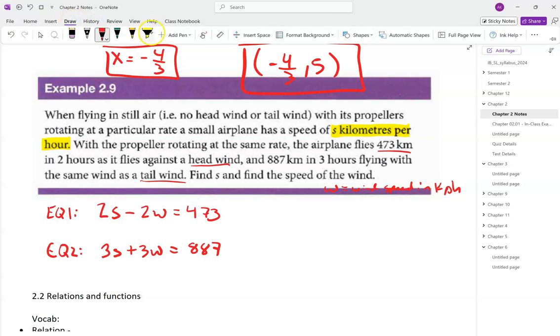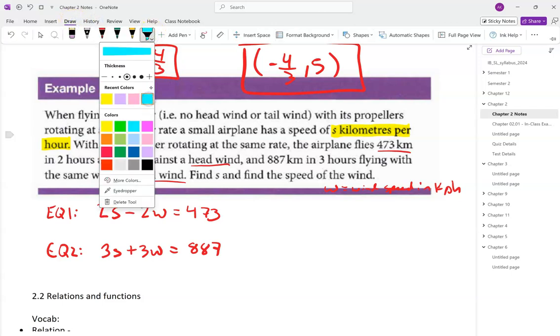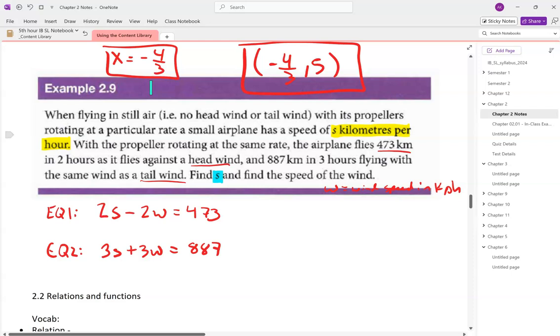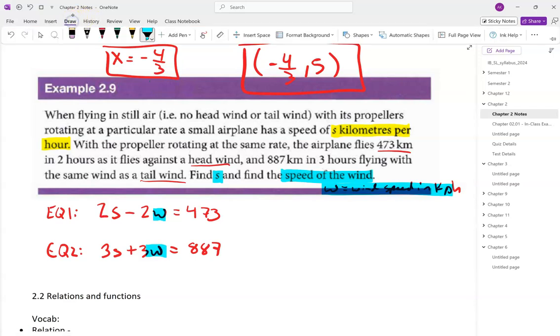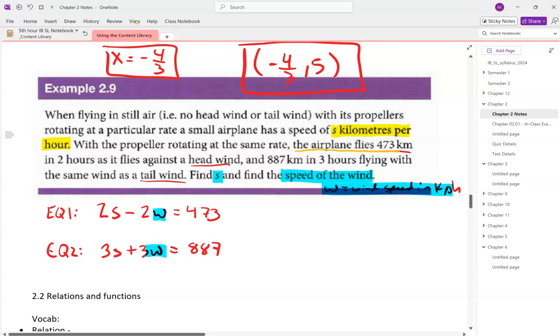So in the question, it asks, find S and the speed of the wind. So I defined W as the speed of the wind. Because it's blowing the whole trip, right? The airplane flies 437 in 2 hours as it flies against the headwind.